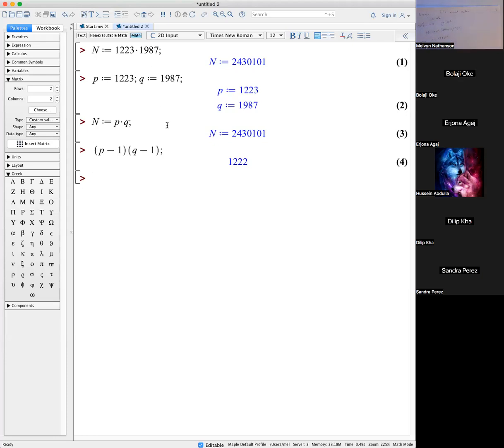We got the times sign. P minus 1, Q minus 1 is 2,426,892.